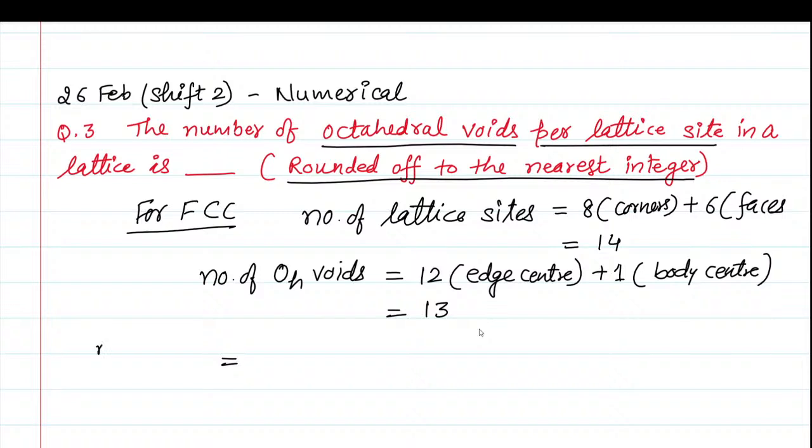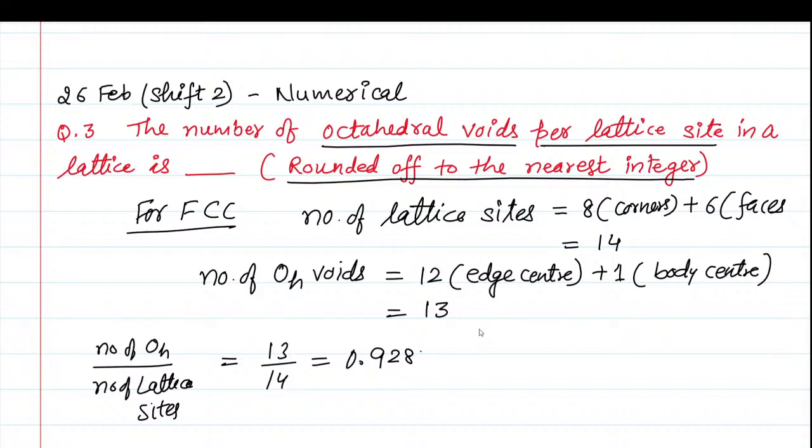So the number of octahedral voids and the number of lattice sites, that is 13 by 14, which is 0.92857, more than 0.9. Roughly it is 1.